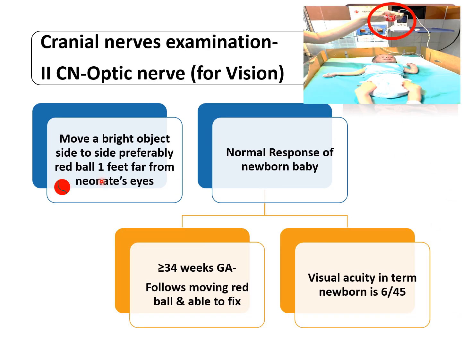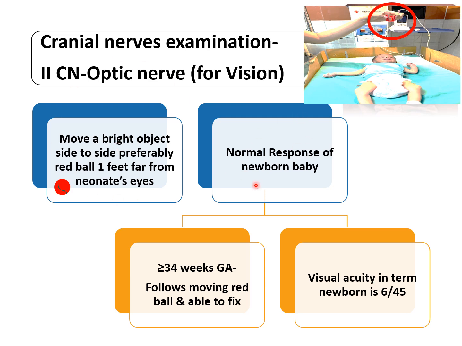We have to move the bright object side to side. We can choose a red color ball or any other red color object, at a distance of at least 1 foot from the neonate's eye, because visual acuity in the term newborn is 6 by 45. So we have to keep this distance.